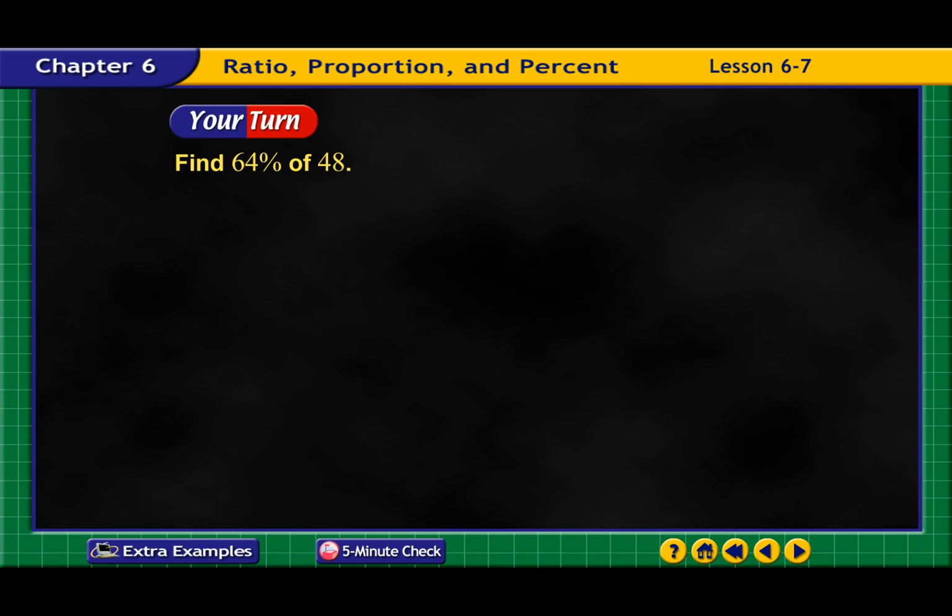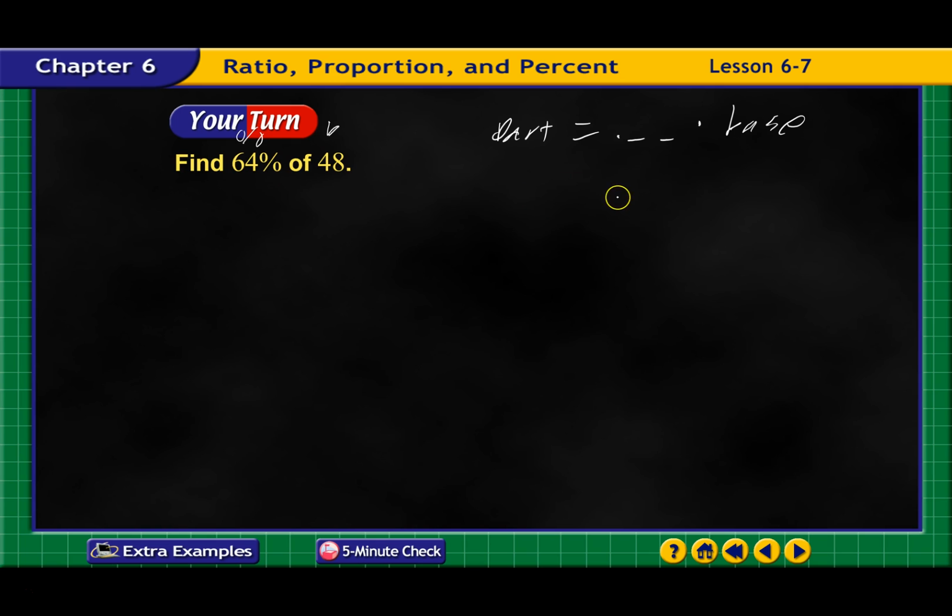Find 64% of 48. Go. All right, so it's part equals point something something times base. It looks like 48 is my base, and this would be my percent.